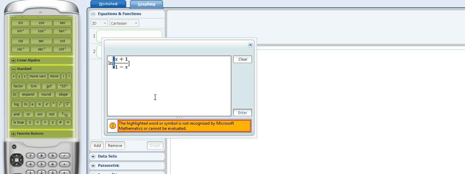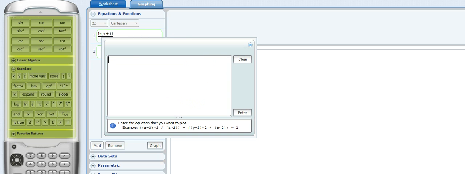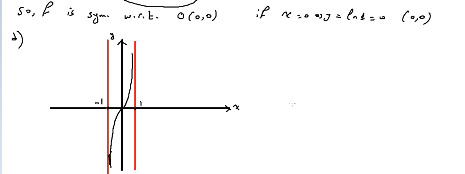We can't use brackets maybe. So it's ln of (x plus 1) over (1 minus x). Oof, that's not true. I'm losing some time. Okay, I will draw it later, but this is 100% our drawing.